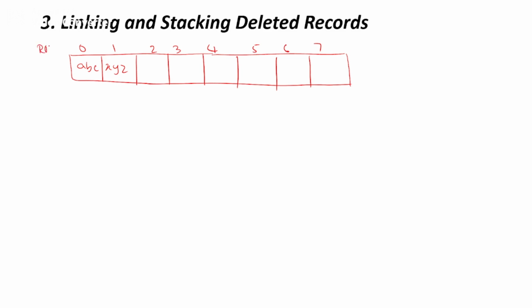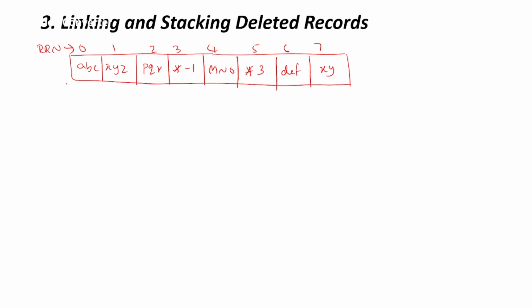These are the RRNs, relative record numbers, and I have some records over here. In the second RRN I have PQR. Then here I will put star -1. I'll tell you why I have put that. Then here I'll put a pointer to 3. Then we have DEF, then we have extra.